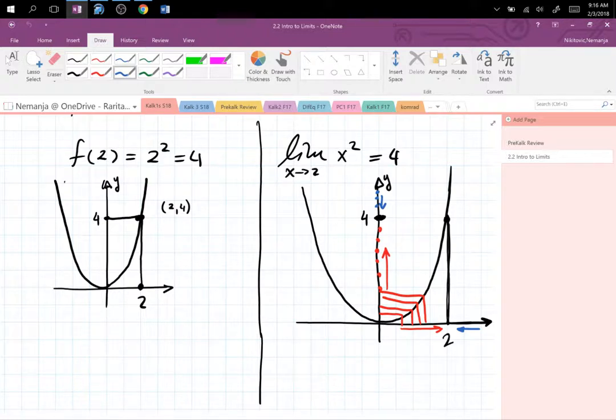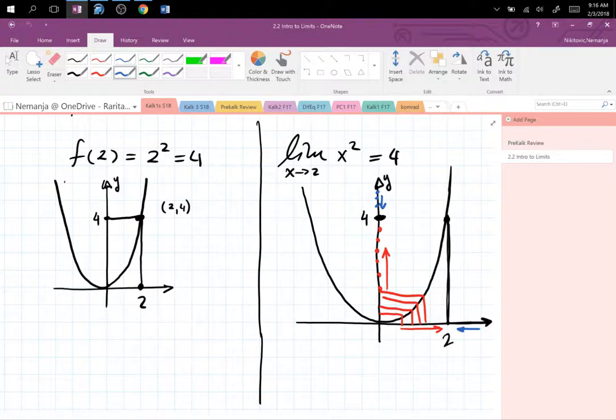But the important part is to understand that we are computing infinitely many points around 2, their y values, and the y values will march towards 4. Now the motion is captured by you simply picking points that are approaching the value that you want.